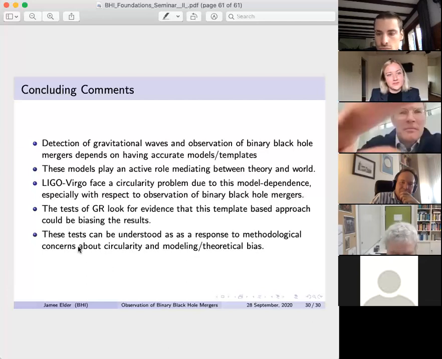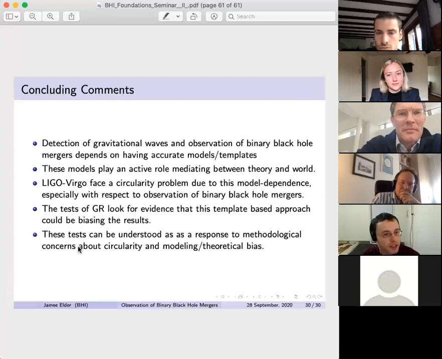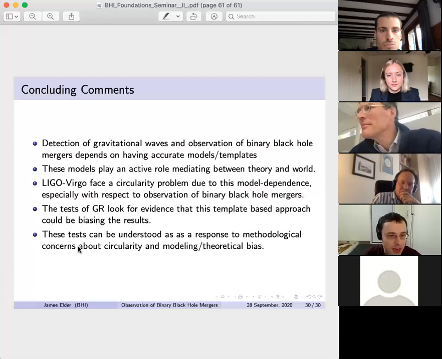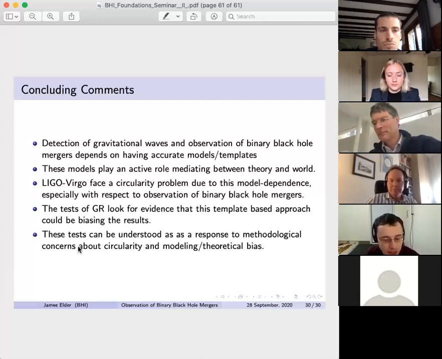Thanks. Just building off of Eric's earlier question and Carl's question, I'm really interested in what alternative theories of gravity we could, in principle, be generating templates from and comparing to the results coming out of the detectors.